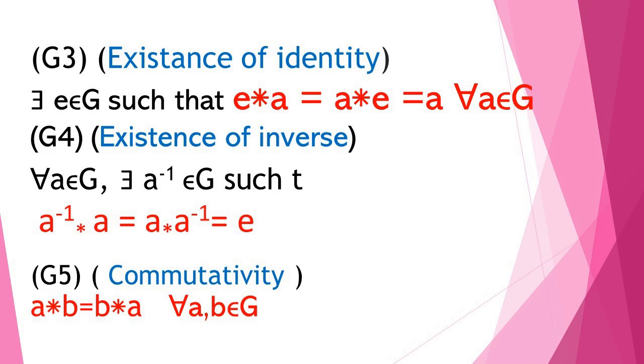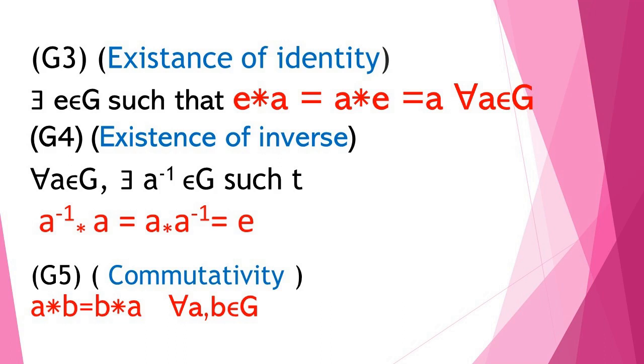What is this existence of inverse? For all elements a belonging to G, there exists a inverse belonging to G such that a inverse star a gives identity element e, and also a star a inverse gives identity element e. That means the order of the star operation with this a inverse can be changed, and it gives us the identity element e.